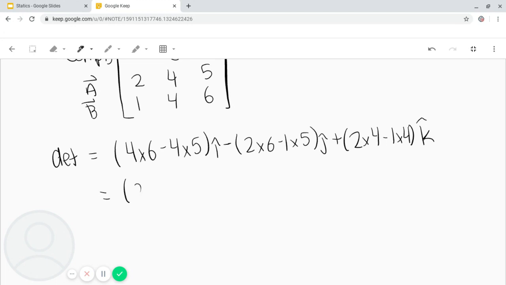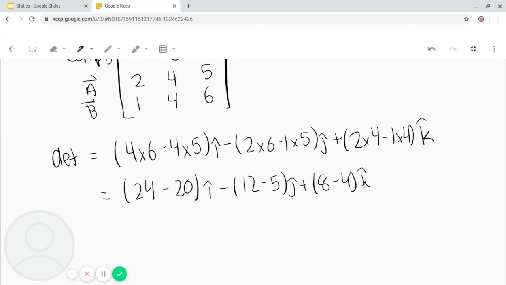So 4 by 6 is 24 minus 20I, minus 12 minus 5J, plus 8 minus 4K.